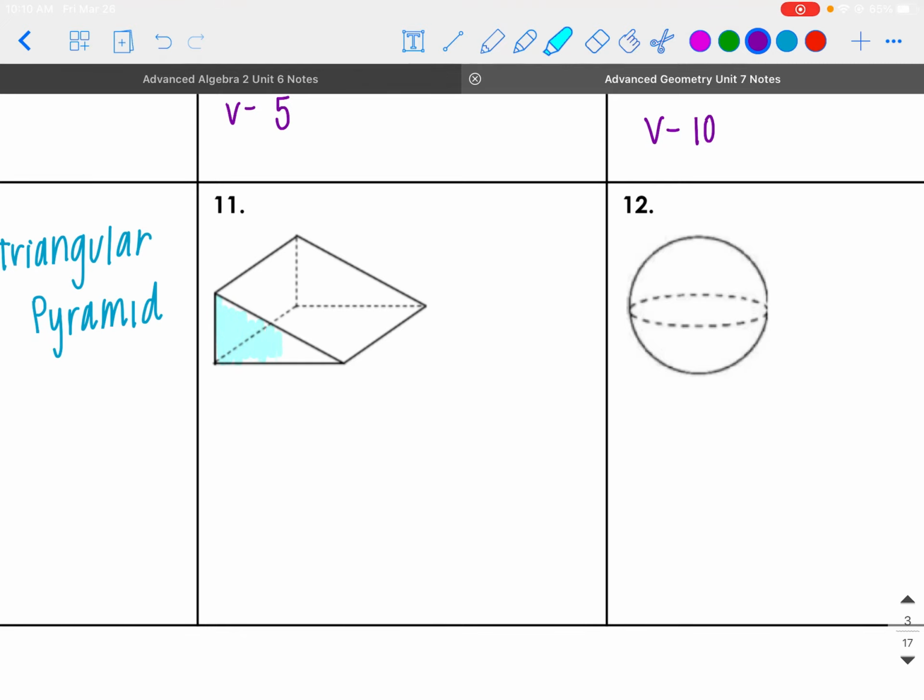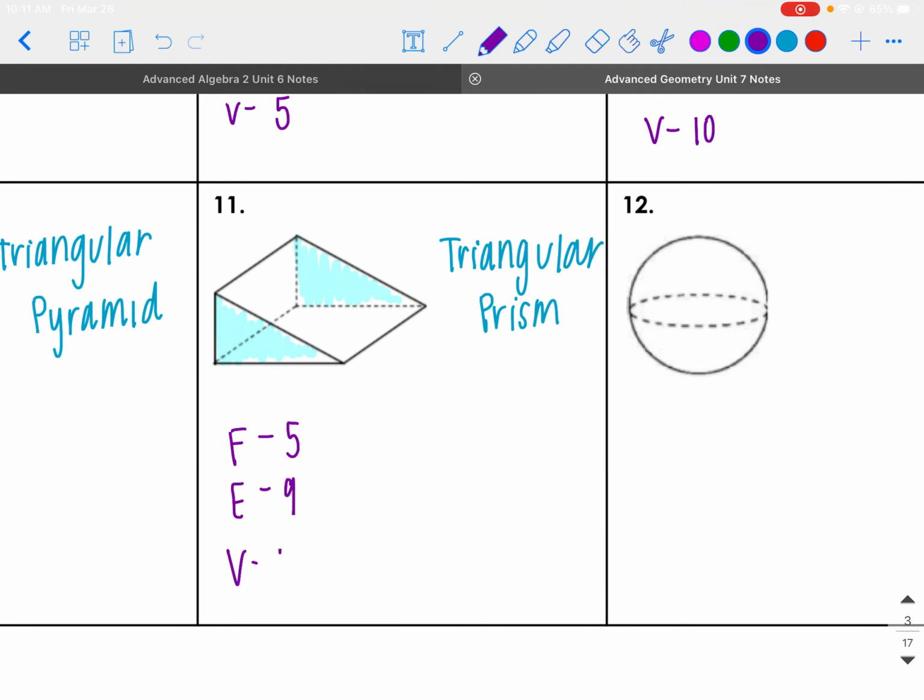Number 11, this is a prism, and my bases are these triangles. They're identical, they're parallel, so it is a triangular prism. It has 5 faces, 9 edges, and 6 vertices.